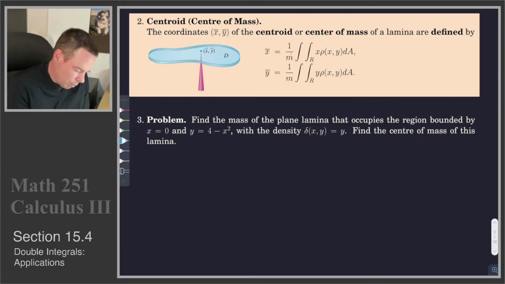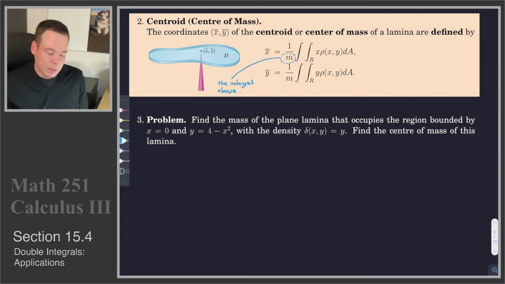One thing to keep in mind is that it looks like we just have to evaluate one integral to find x bar, but we don't, because m is given by the integral we just talked about on the very first slide. So x bar is actually the ratio of two integrals: the integral of x times the density function over the integral of the density function.